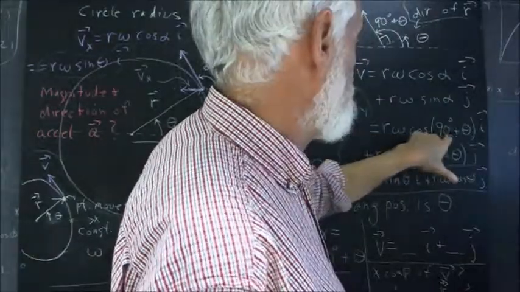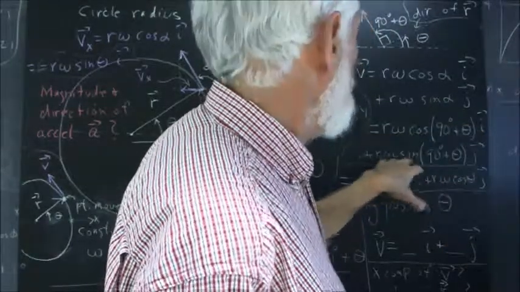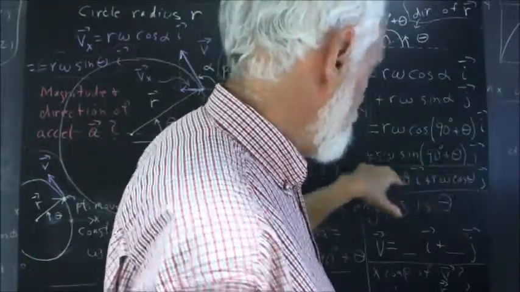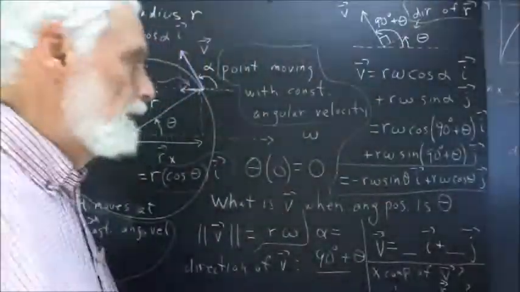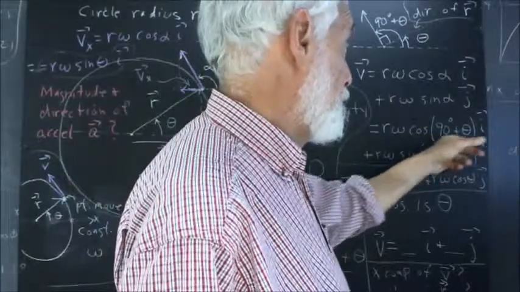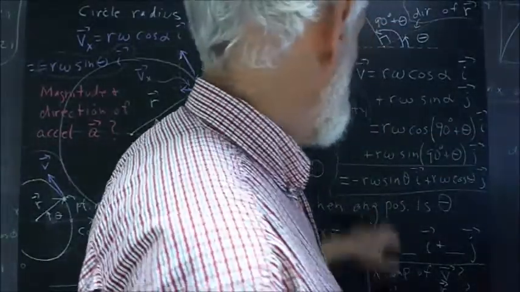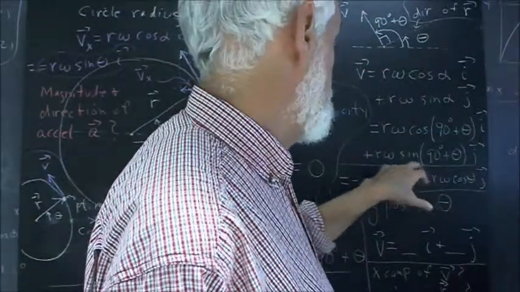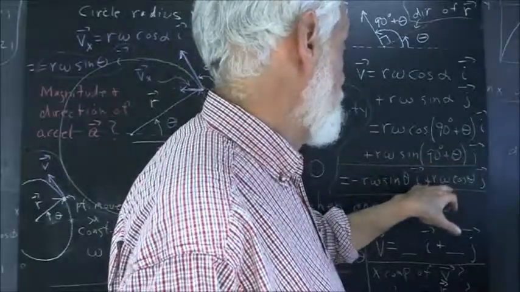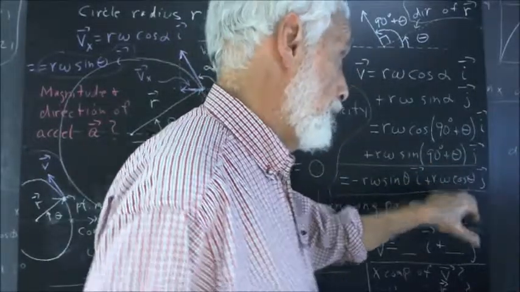It's r omega cosine 90 degrees plus theta i, and then sine 90 degrees plus theta j, etc. Now, you should know that the cosine of 90 degrees plus theta is the negative sine of theta, and that the sine of 90 degrees plus theta is the cosine of theta.